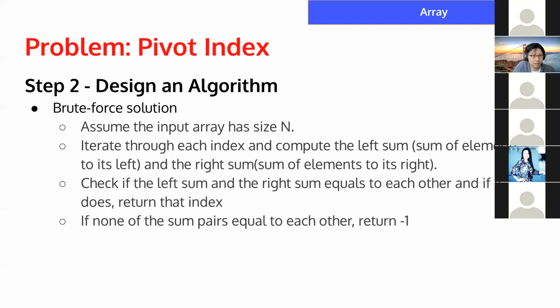So you have one loop going through the array, and then you need loops to add all the numbers on the side, to add together all of those numbers. Yep, it's probably n squared.